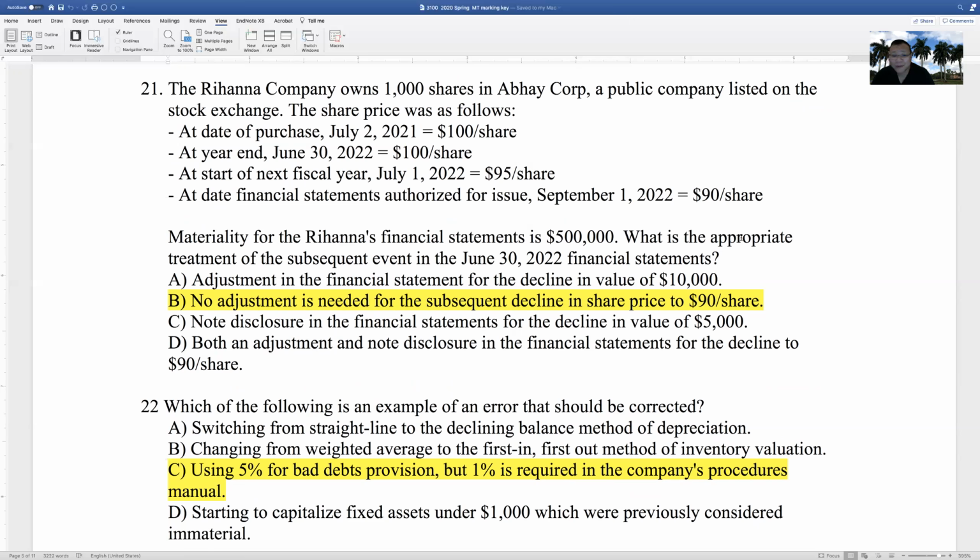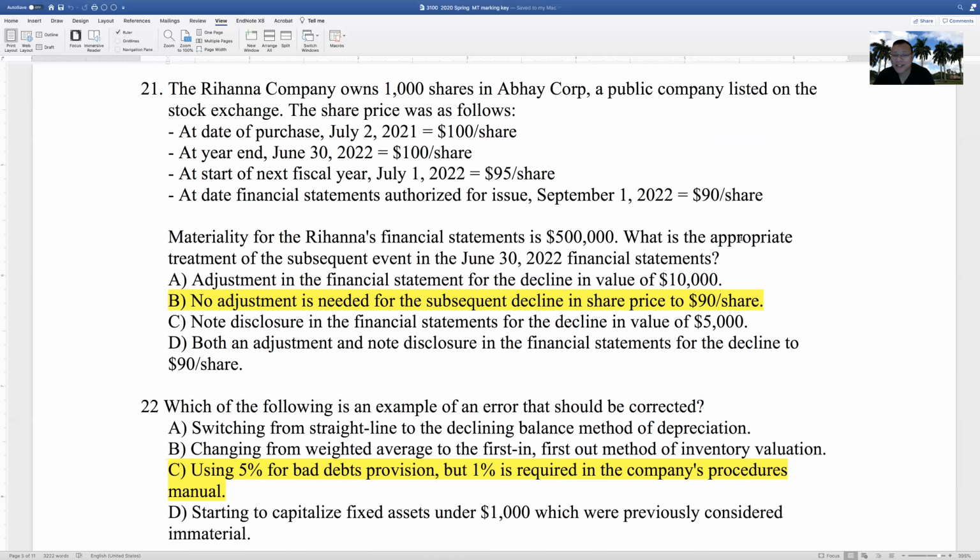Well, the share price for June 30th, 2022, the year end, is $100. Okay. So whatever the share price after that date has nothing to do with the fact that the share price is $100 per share on that day, right?